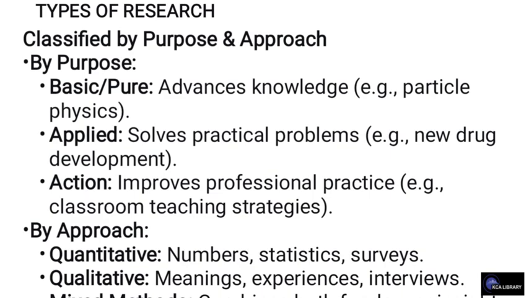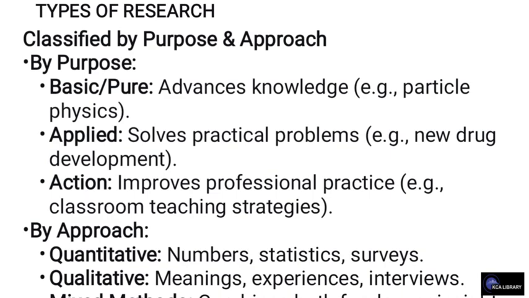Now, when you say research is classified by purpose, under pure or basic, it means that it advances knowledge, e.g., particle physics. That kind of research is known as a pure purpose research. Then we also have applied purpose research. This solves practical problems, e.g., a research to discover a new drug or a new drug development.